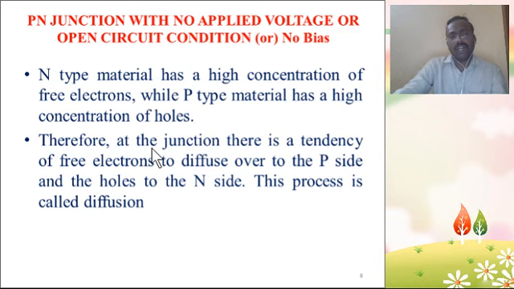Therefore, at the junction, there is a tendency of free electrons to diffuse over to the P side and holes to the N side. This process is called diffusion. Diffusion means movement of electrons and holes to either side.